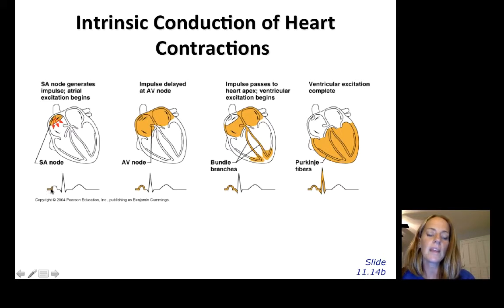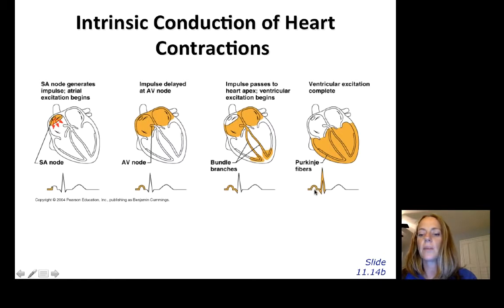The beginning of the EKG starts when the SA node fires its action potentials. That depolarizes the atria, and then you'll get your P wave. That will then spread after a little delay up through the ventricles to cause the QRS complex.